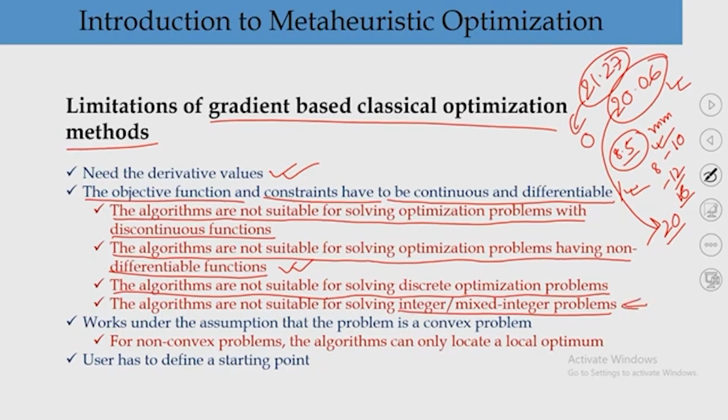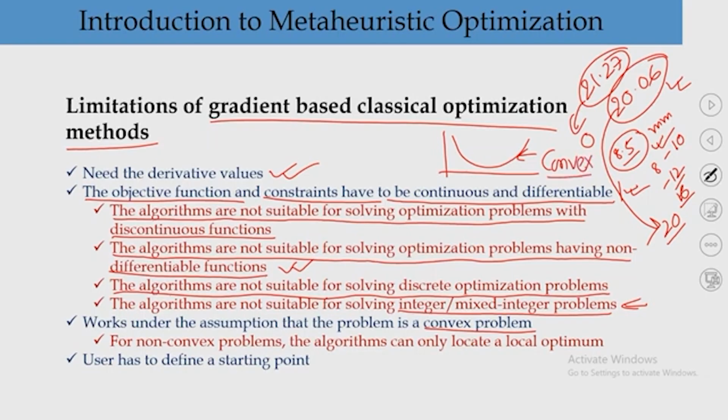Then the other limitation is that they work under the assumption that the problem is a convex problem. I have already explained that when we derive these algorithms, we said that the function is a convex function, and we have only one optimal solution if the function is a convex function.